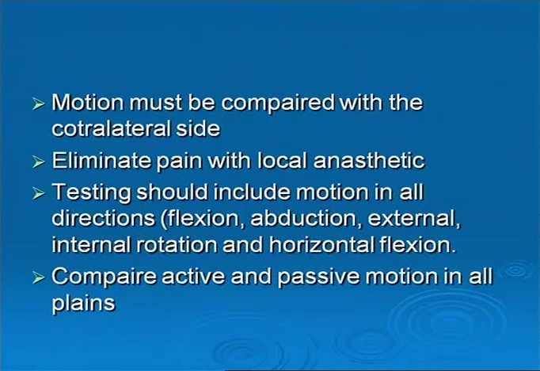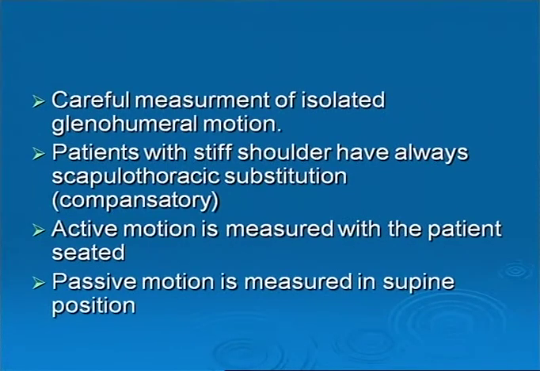Always compare both passive and active motion. You should carefully measure the isolated glenohumeral motion, because most patients with a stiff shoulder have some kind of compensatory motion from the scapulothoracic part of the shoulder.